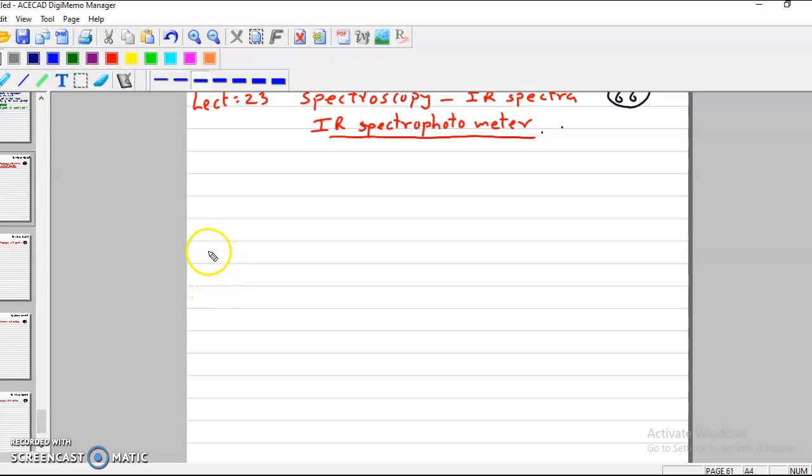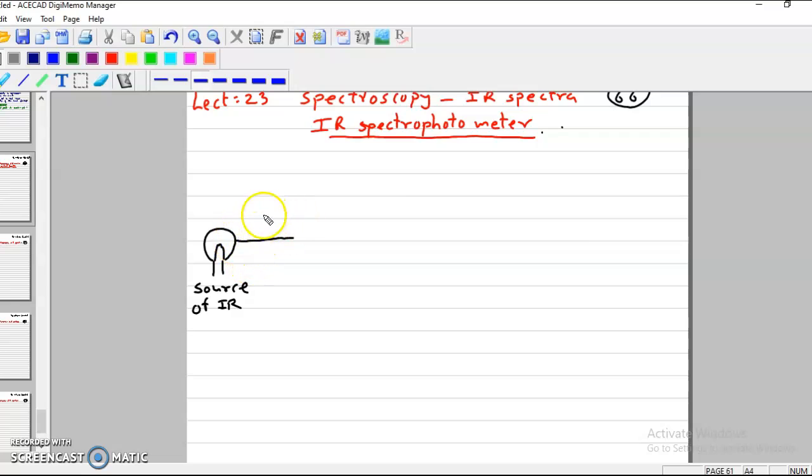So the first compartment of the instrument is a lamp, which is a source of infrared radiations.